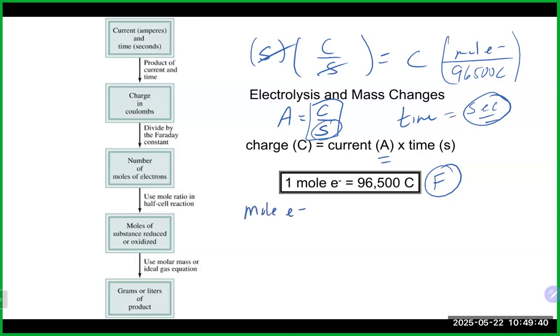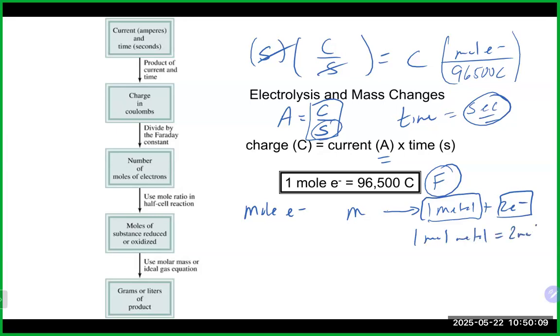This is where the half reactions come into play, your anode half reaction and your cathode half reaction. Let's say you had a metal and 2 electrons, and one of the metal. What you can do at this point is a stoichiometry relationship: 1 mole of the metal gives me 2 moles of electrons.